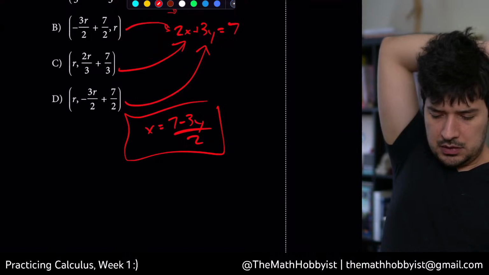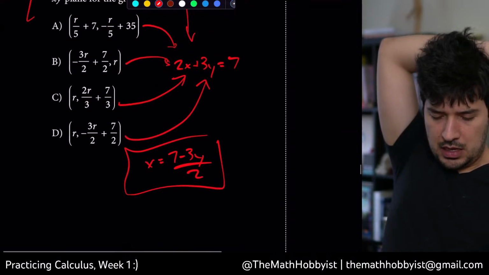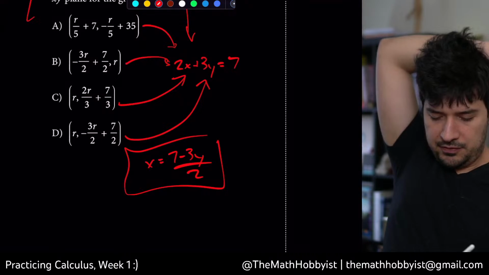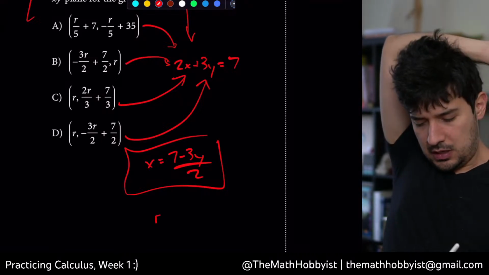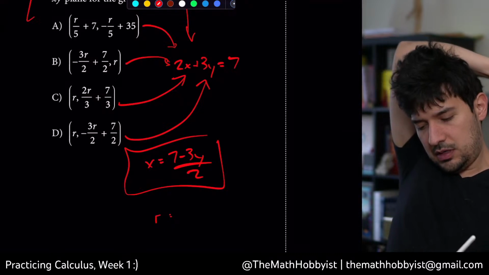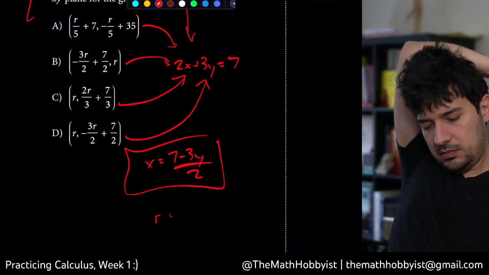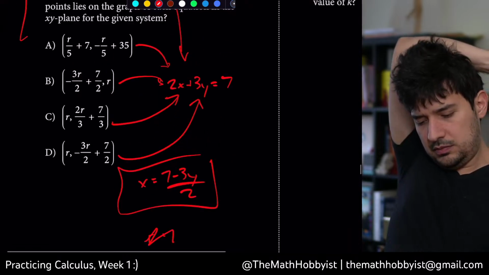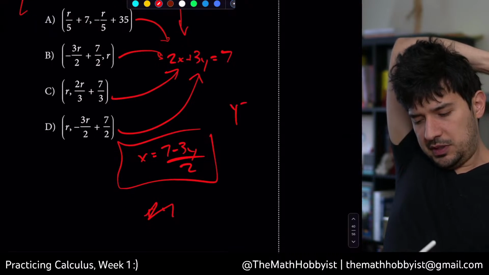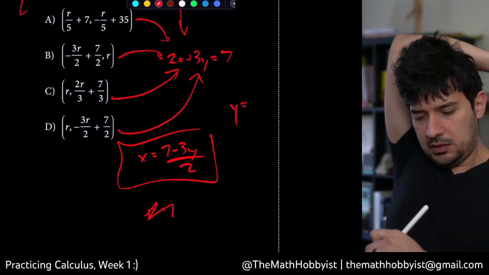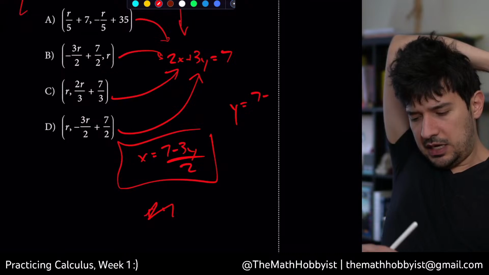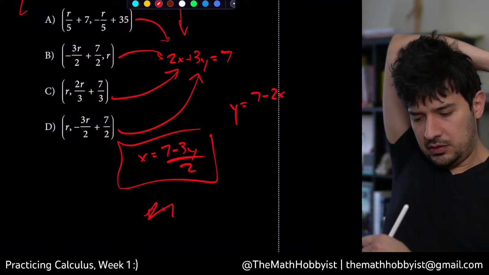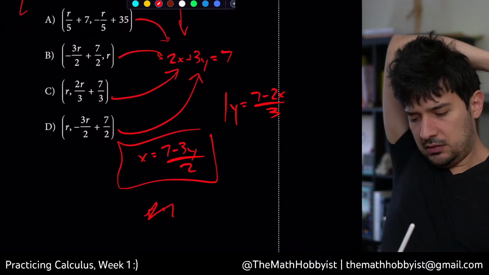If we replace x with r, then the other equation that we can have is y equals (7 minus 2x) over 3, right?